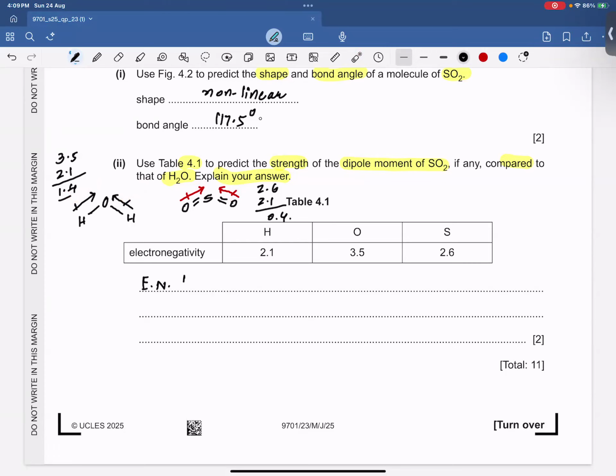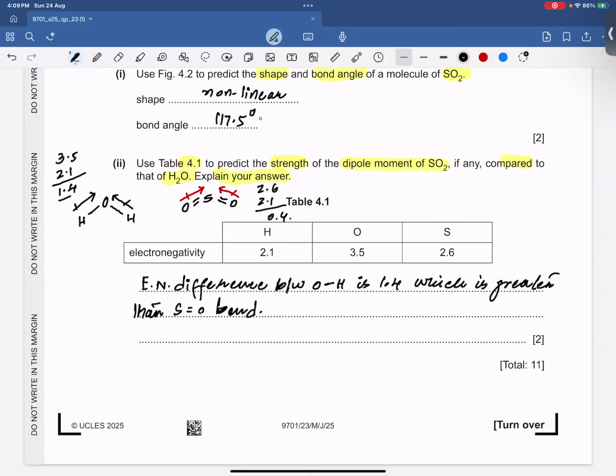Electronegativity difference between OH is 1.4, which is greater than SO bond.